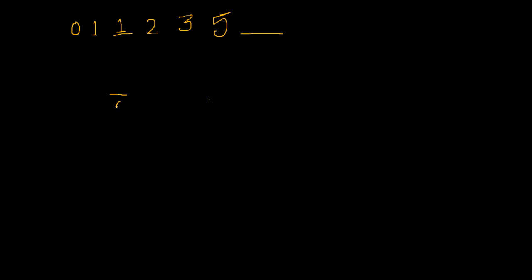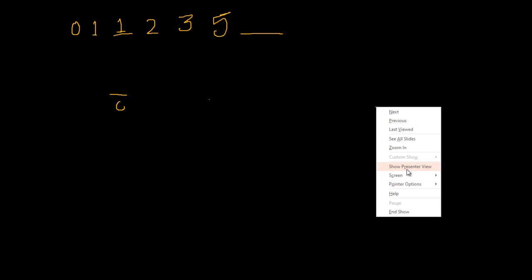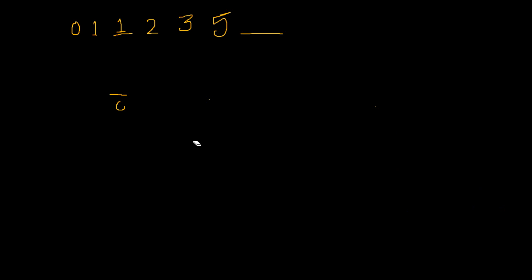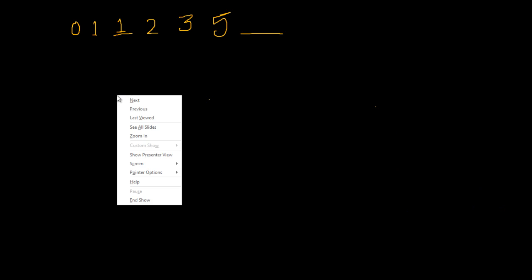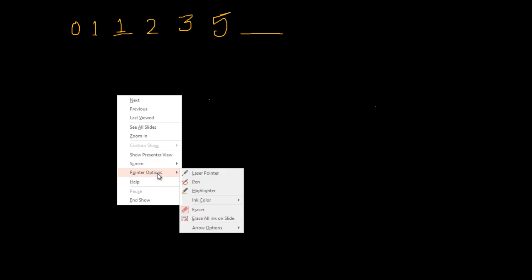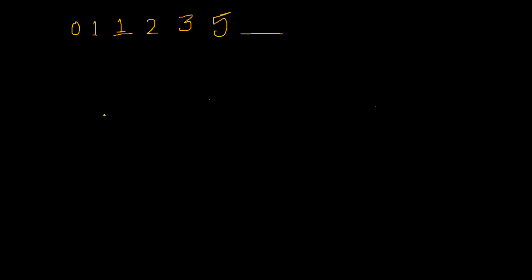Let me activate the eraser first. Suppose this is my first position and this is my second position. We know that in the Fibonacci series the first position element is always 0 and the second position element is always 1.